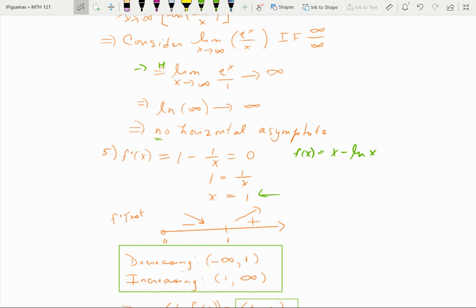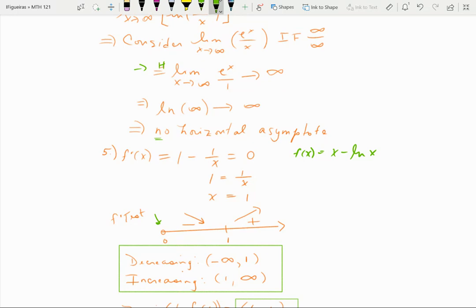But remember, this number line doesn't go on and on forever in both directions. There's a restriction on domain starting at 0, and it's not defined at 0, so I'm showing that with this. All right, so when I pick a number less than 1, you have to pick a number between 0 and 1. So something like a half would be fine.